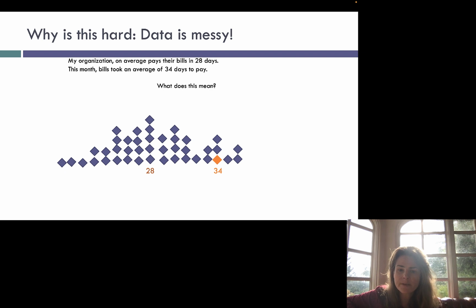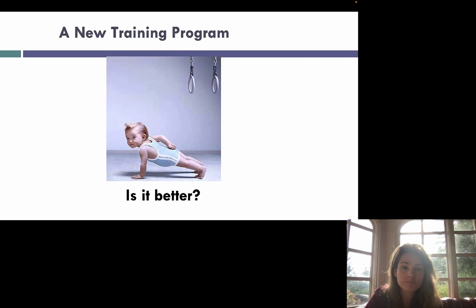It's weird, it's a little bit out to the right, but things are pretty spread out in this data set. And that 34 falls well within the realm of normal. All right, so how do we figure out if something's within the realm of normal or way out there and something to be concerned about?